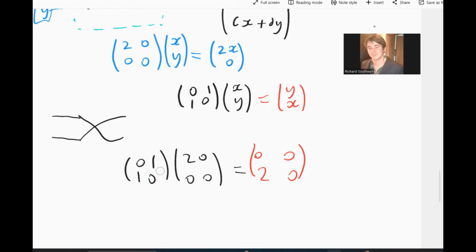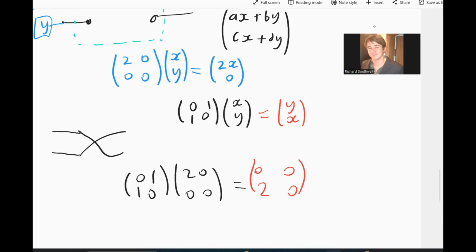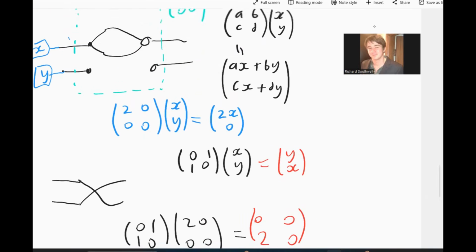So that's what we should expect. But because of this funny convention, what this really means is that we do this matrix after we do this matrix. And so when we represent this diagrammatically, first we draw the diagram for this matrix. So what's the diagram for that? We have it up here.